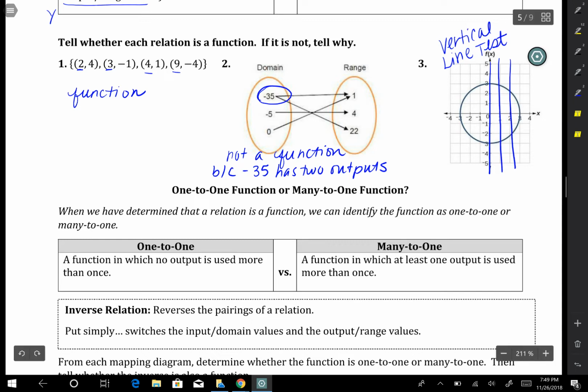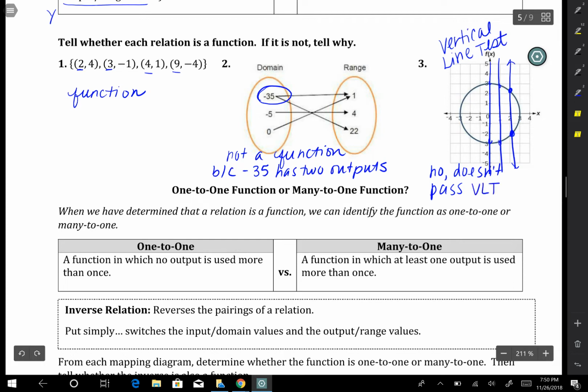For instance, if we look at this line that I've drawn at the x value of 2, 2 is going to this point and to this point. Everywhere I draw a line, I'm touching two different points. So this circle is not a function because it does not pass the vertical line test. So, no. And I'm just going to write the VLT, vertical line test.